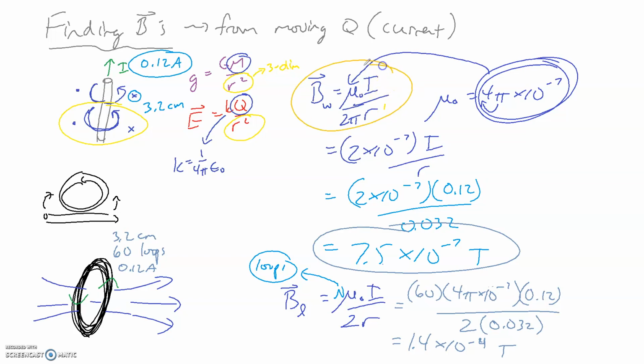We've got magnetic field from a wire, mu naught I over 2 pi r. Most people just use the shortcut version. And then we've got magnetic field for a loop, n mu naught I over 2r. And they're relatively straightforward. They're not complicated. They work out pretty well. And we'll use those to calculate fields, and then we'll incorporate forces into that as well. But that's basically it, those two expressions.